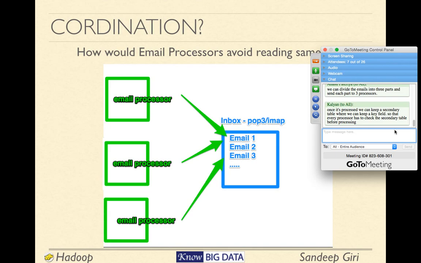Okay, so Kalyan is saying we can keep a secondary table where we can keep a key field so that every processor has to check the secondary table before processing. Brilliant, brilliant.